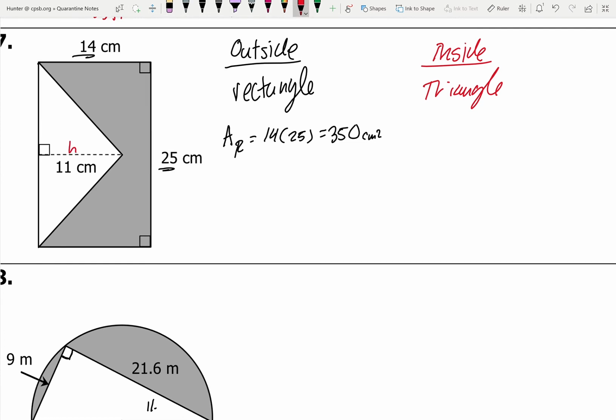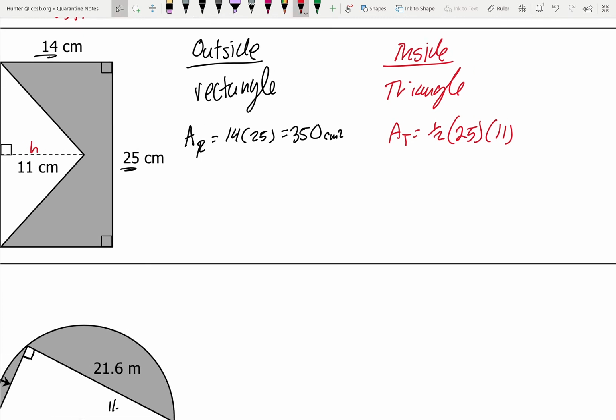Now to find the area of the triangle, I need a base and I need a height. This is my height of 11 centimeters. My base is just equal to 25 centimeters. So my area of my triangle is 1/2 times the base of 25 times the height of 11, which gives me 137.5 centimeters squared. Okay, so now that I have this, I can find the area of the shaded region.